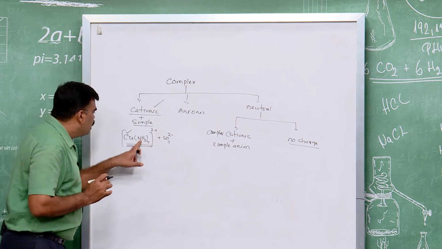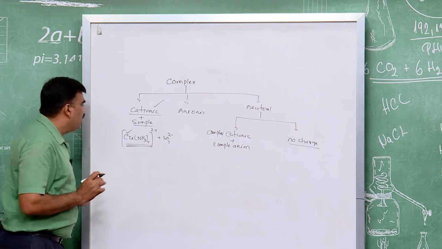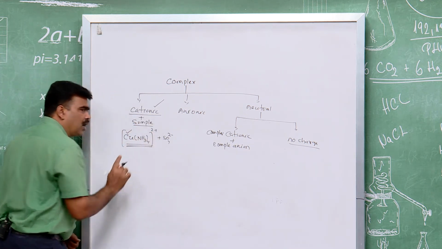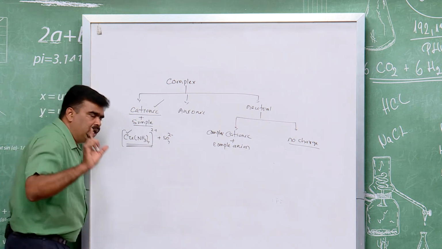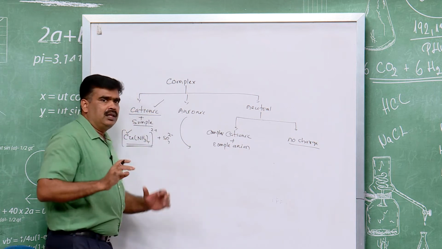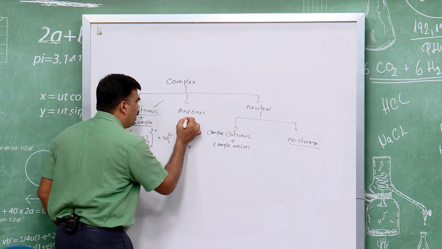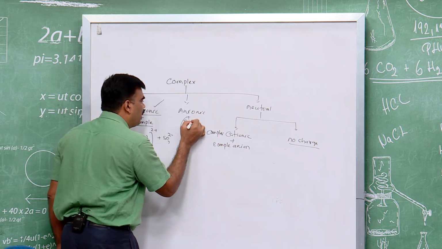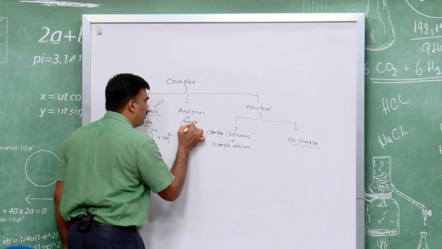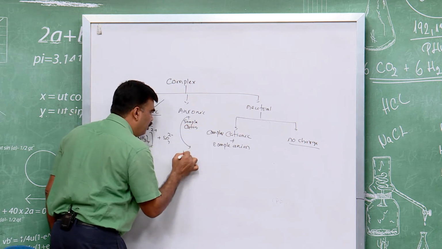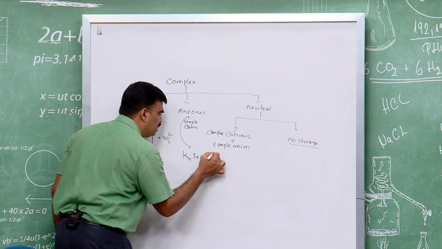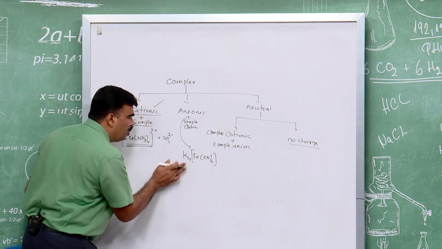So, copper is associated with 4 ammonia, and they form a large cation. अमोनिया कभी इससे जुदा नहीं होगा, कभी इससे अलग नहीं होगा. In an anionic complex, the anion is complex, meaning the cation is simple. For example, K4[Fe(CN)6], potassium ferrocyanide.